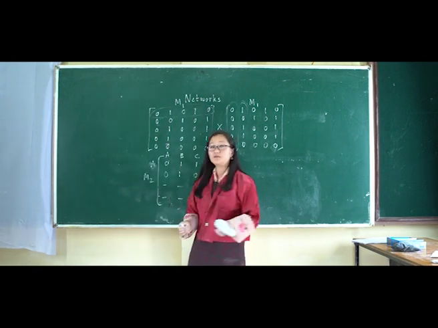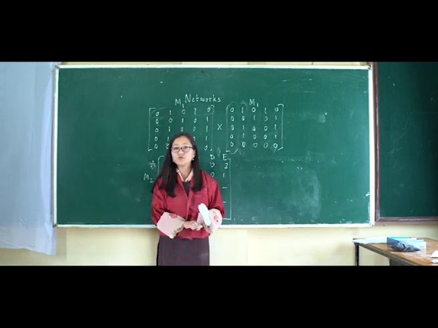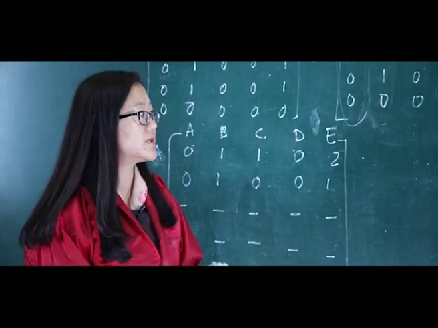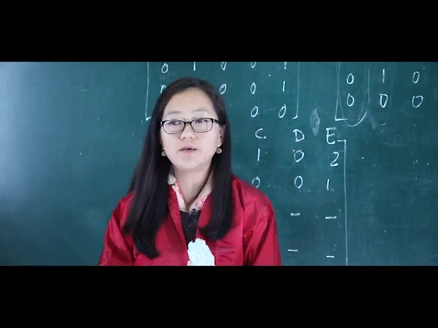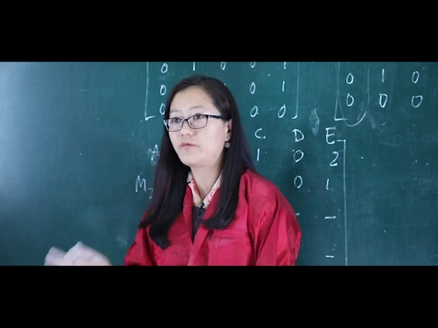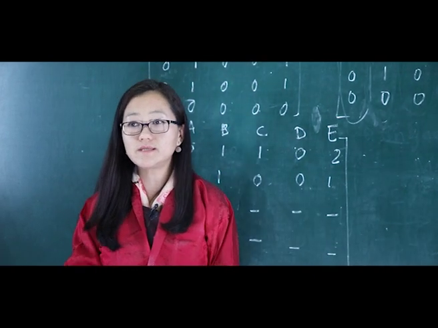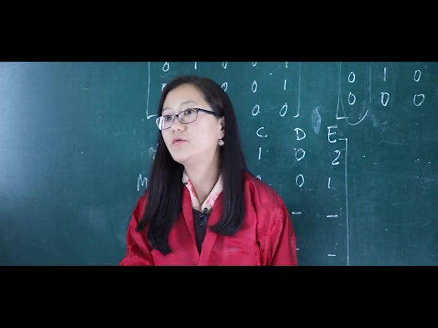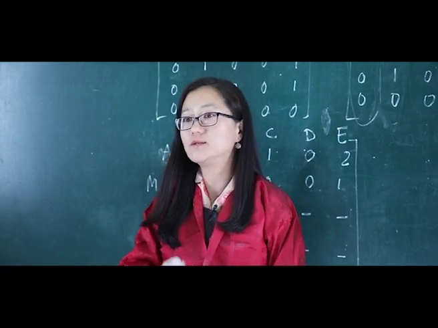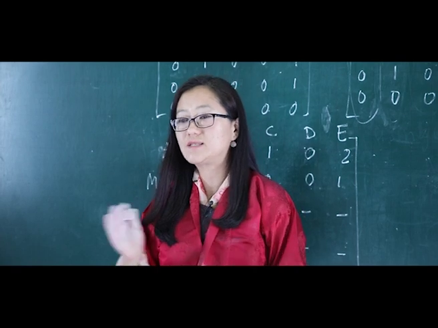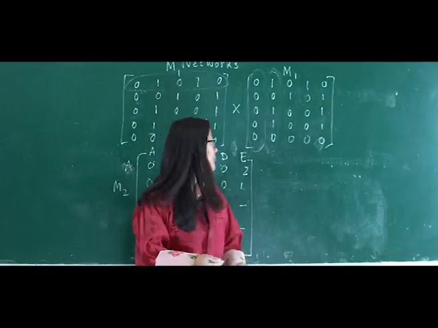Now I want to find 2 stopover trips using the same matrix method, which is quite feasible compared to the digraph method, because here there is no way that you can make a mistake, but using the digraph there is a possibility of you skipping some of the steps.